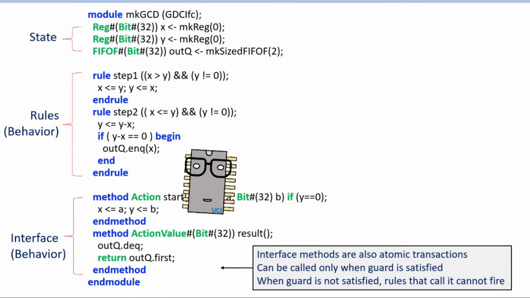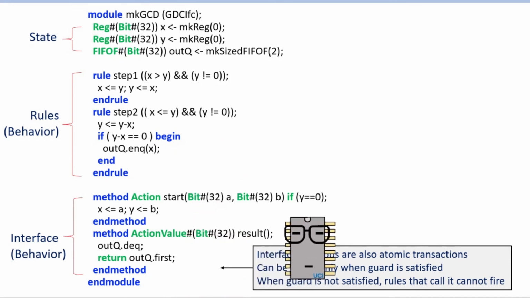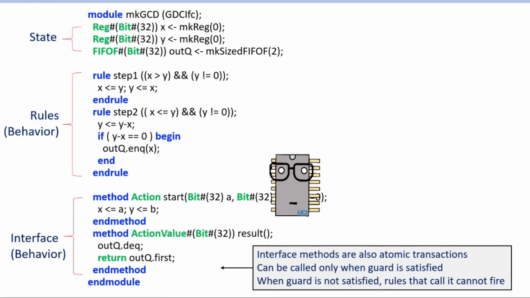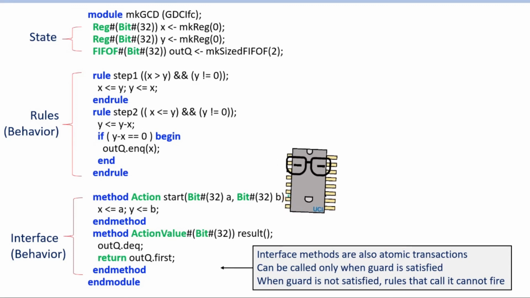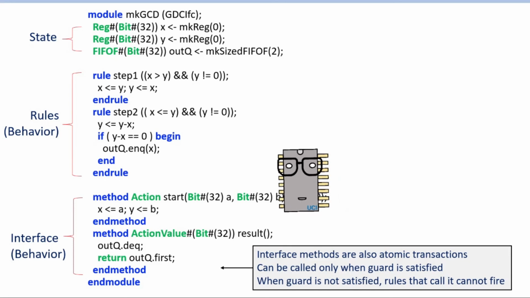You could call outqueue.first. This might not be a very good example because it results in also a method, but you could have a rule 3, for example, which calls outqueue.first and outqueue.dq, which is also calling the methods of the output queue module. But anyways, these methods enqueue, dq, and first can't execute autonomously.